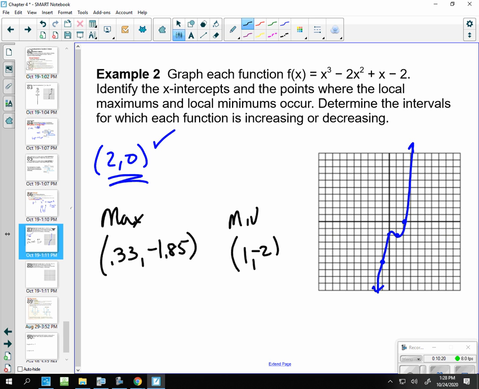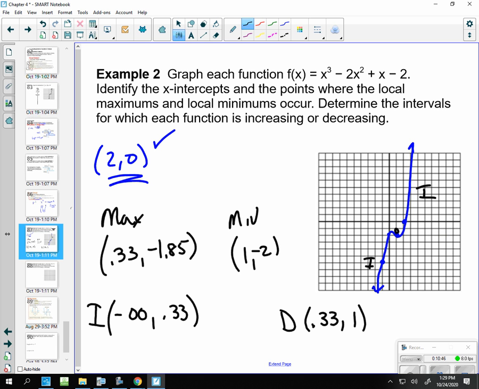So now, how's this going to work? Well, this is increasing. This little spot down here, it switches over to decreasing, and then over here, it's back to increasing again. So starting from left to right, I go from negative infinity till I get to that max of 0.33. And then my decreasing goes from 0.33 to 1.